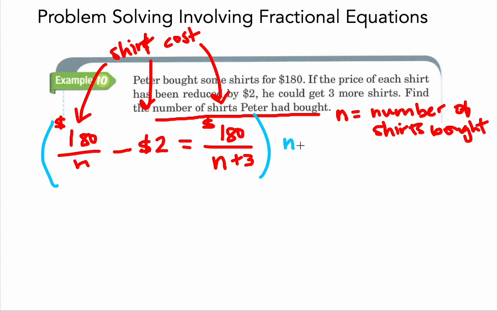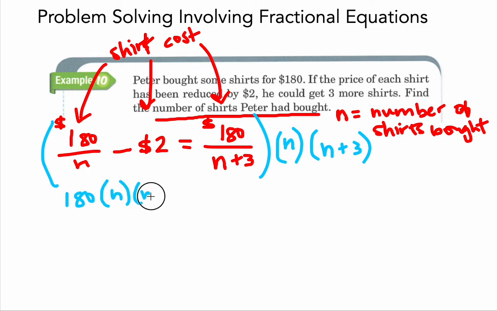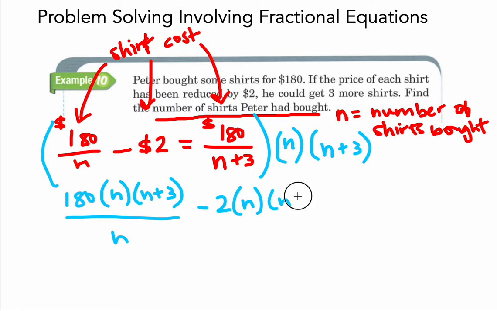So I'm going to multiply it by an n, and I'm also going to multiply it by an n plus 3. Okay, so at the end I would have 180 times n plus 3 for that first term, divided by n, minus 2 times also n times n plus 3. That's it. Doesn't have a denominator.